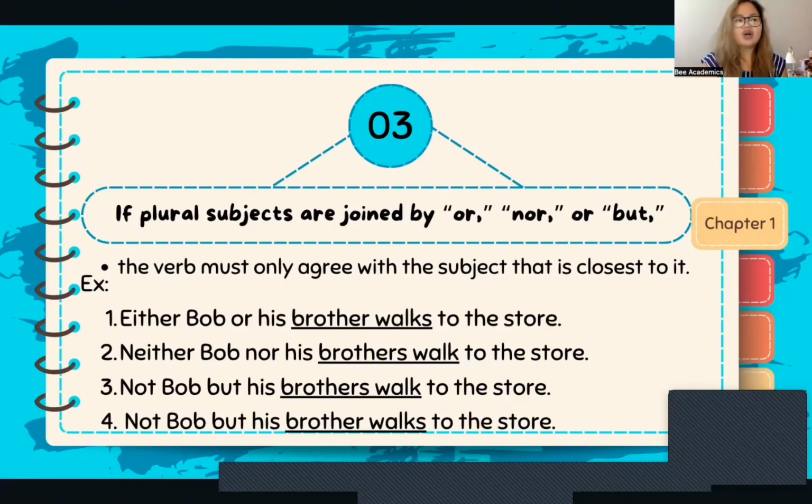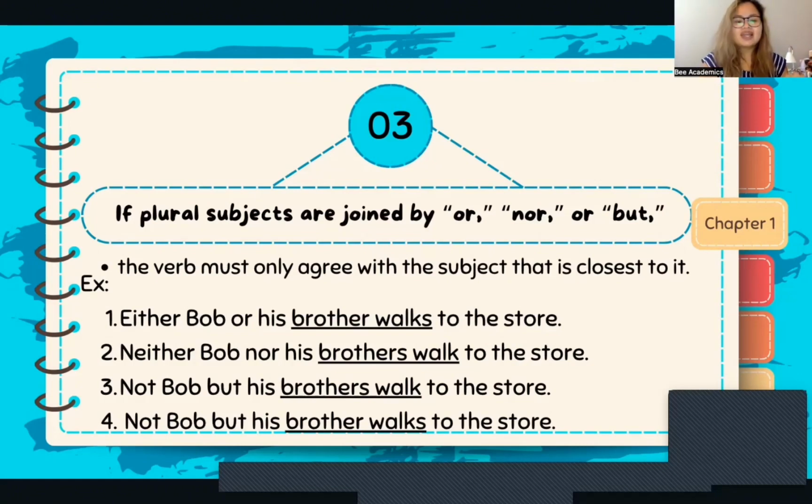Or some people call it a singular verb. Neither Bob nor his brothers walk to the store. So the subject that's closest to our verb here is brothers. So we use a base form of the verb, or the verb without an S, walk.